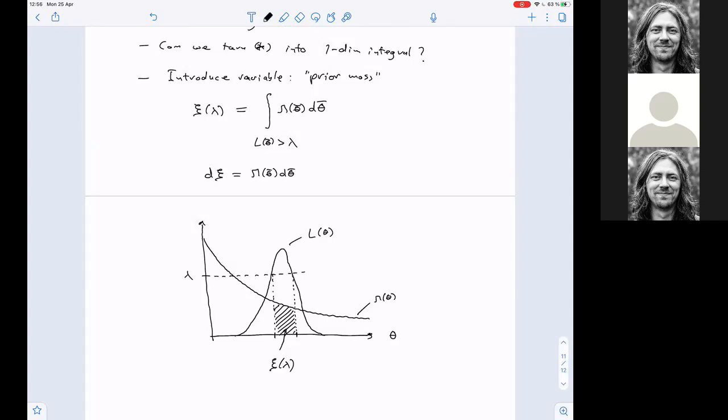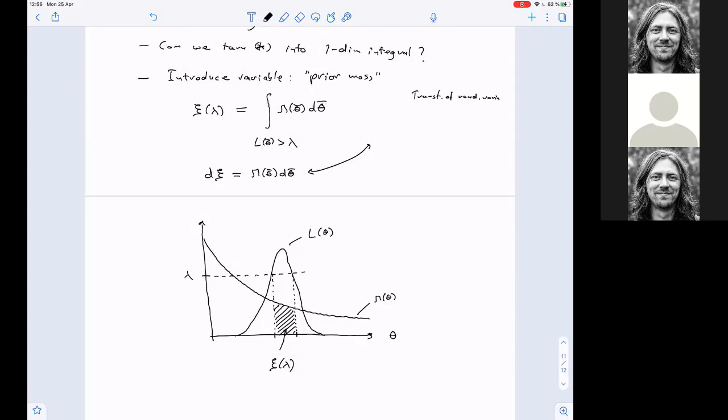And this relation should make you think of transformations of random variables. So I'm just gonna write this in the margin here.